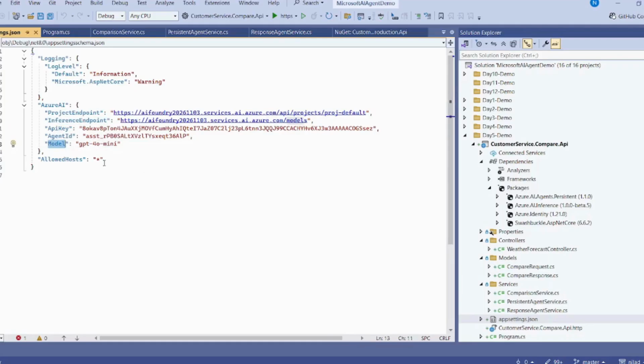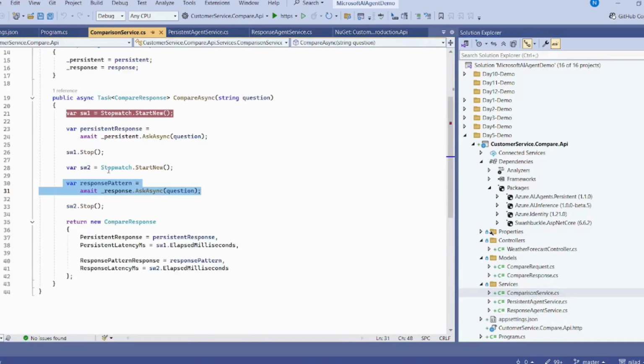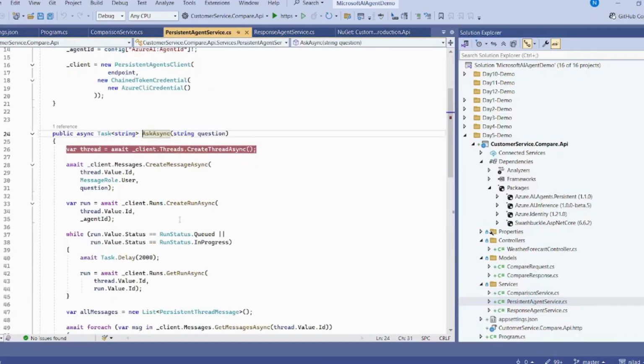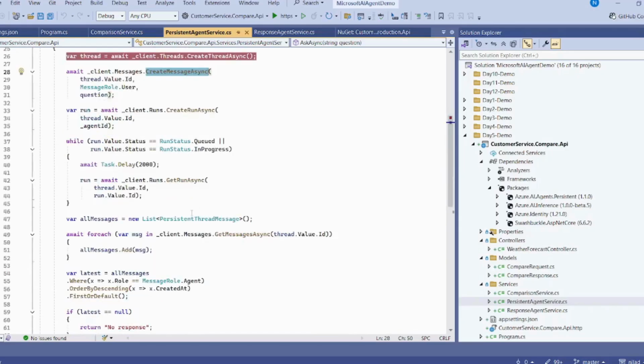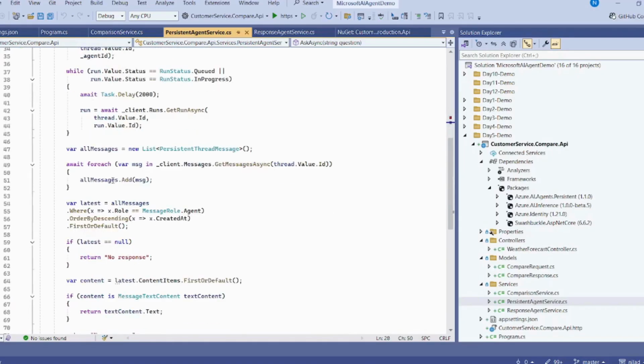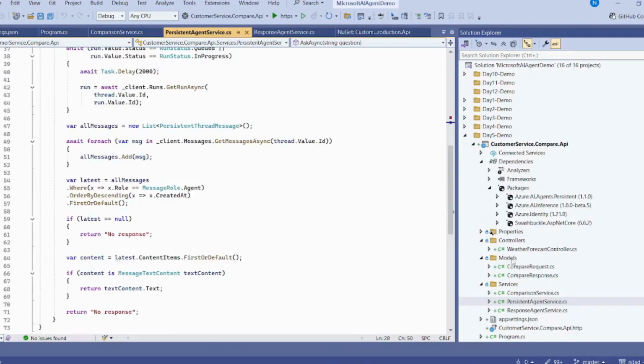So this combination we placed all together over here. The comparison service we already called, and it is an individual call. It will create a message. So all of these are part of the AI persistent. This is already discussed in day 2 also. Same thing, nothing different.